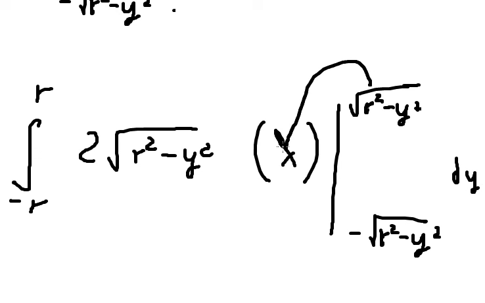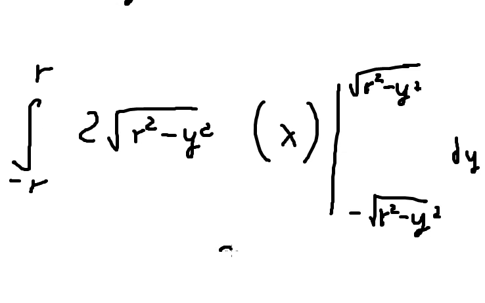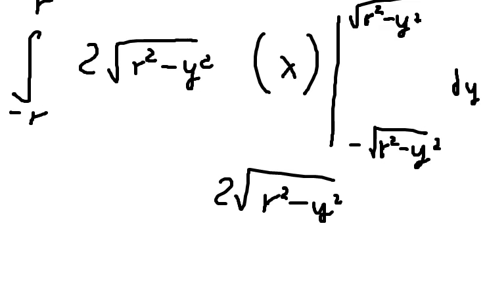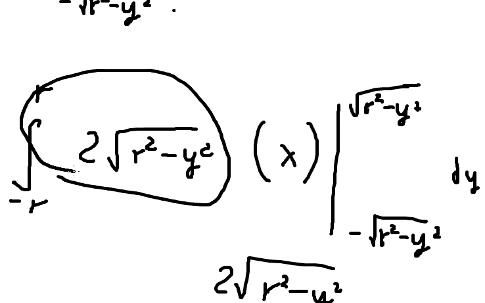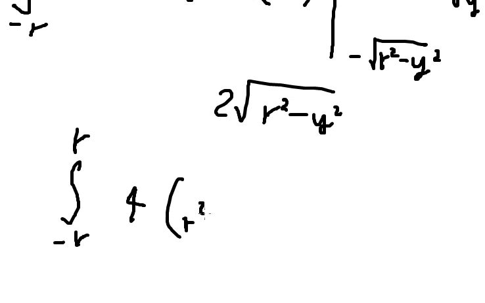So this one goes to this one, and then we got 2 times the square root of r square minus y square. And now we combine this one and this one. So we have 4 times r square minus y square.